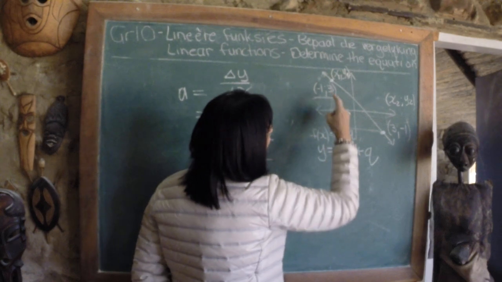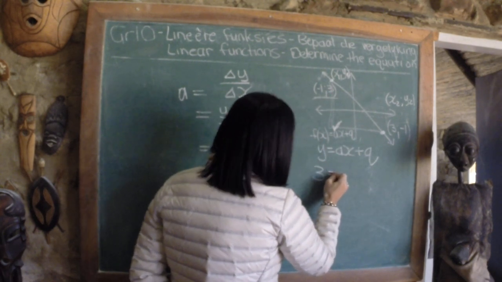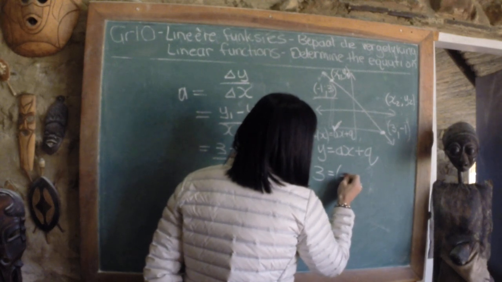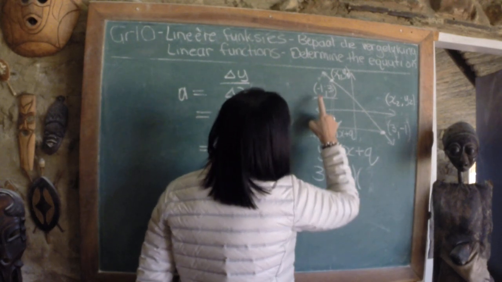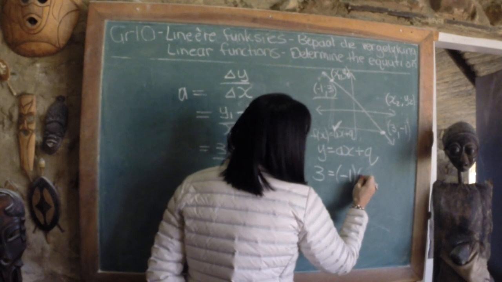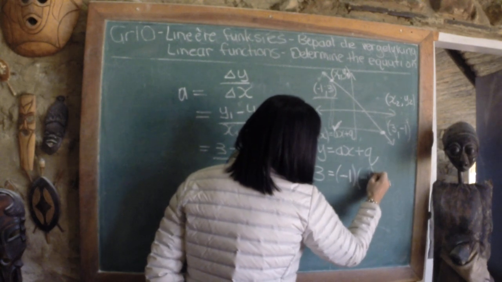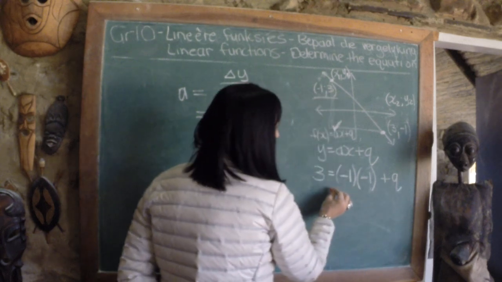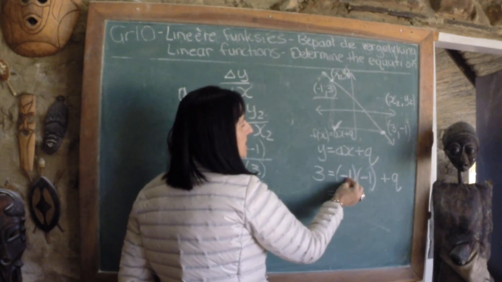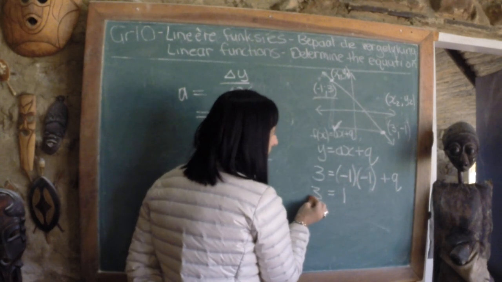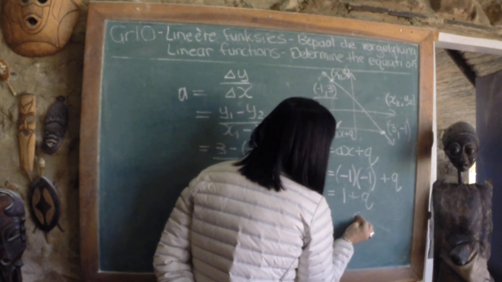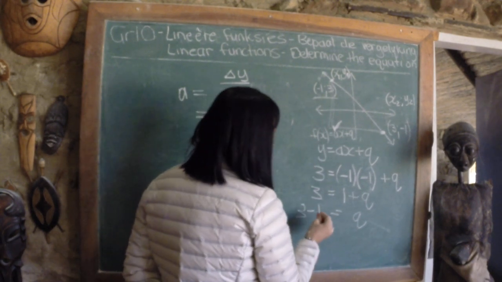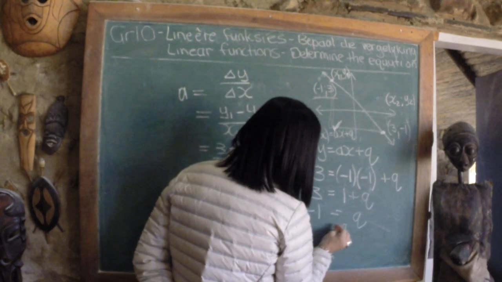Ons sê, my y-waarde is 3, my a-waarde is minus 1, the x value that goes with that y value is minus 1 as well, en ek wil vir q gaan uitwerk. So ek het nou 1, van minus 1 maal minus 1 is plus 1, and if I take that 1 to the other side of the equals to, it becomes a minus, so q equals 2.